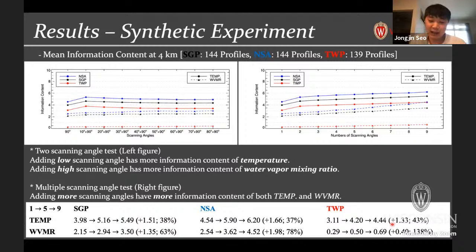And for water vapor mixing ratio, it depends on the humidity. So the 9 scanning angles have 60% to 140% more information than single zenith, by an increase of 2 at NSA and 0.4 at TWP site.